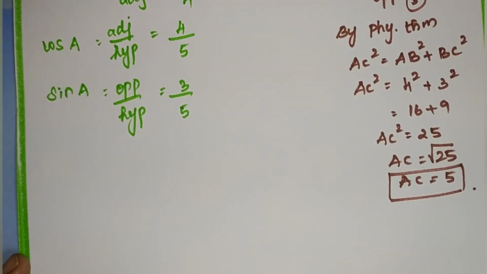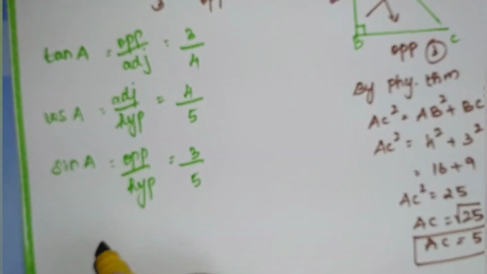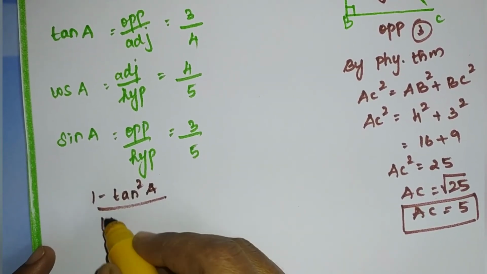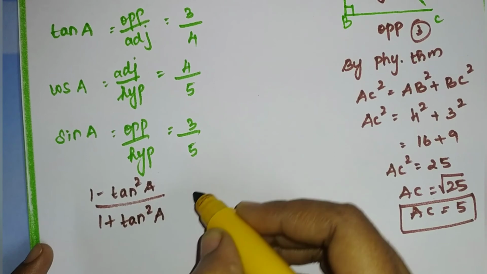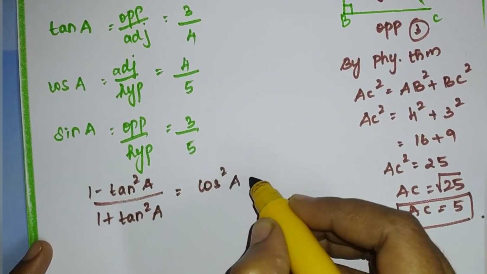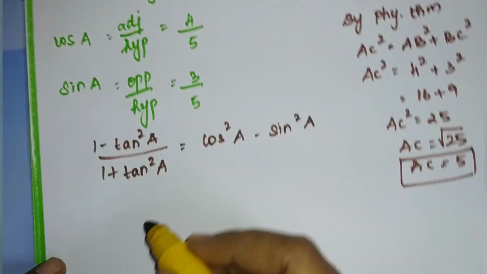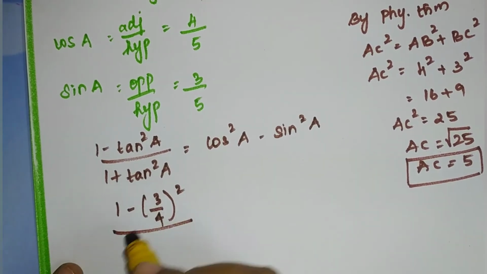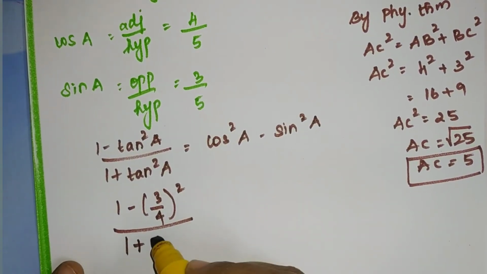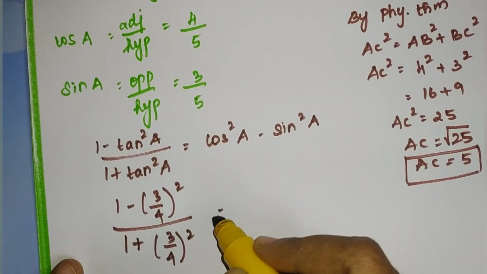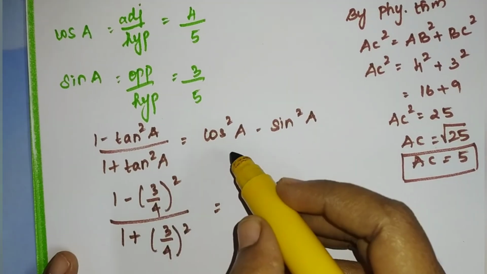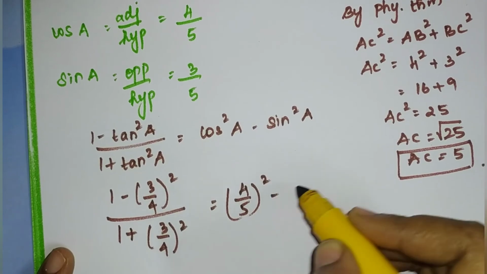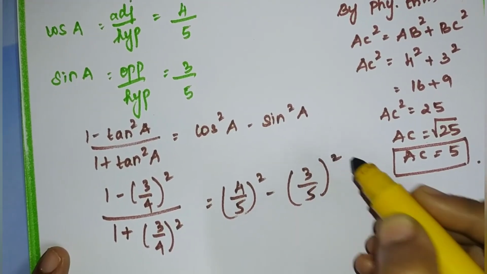Now substitute in the question. 1 minus tan square A divided by 1 plus tan square A is equal to cos square A minus sin square A. So 1 minus 3 by 4 the whole square divided by 1 plus 3 by 4 the whole square is equal to, substitute the value of tan A and then cos A, 4 by 5 the whole square and 3 by 5 the whole square.